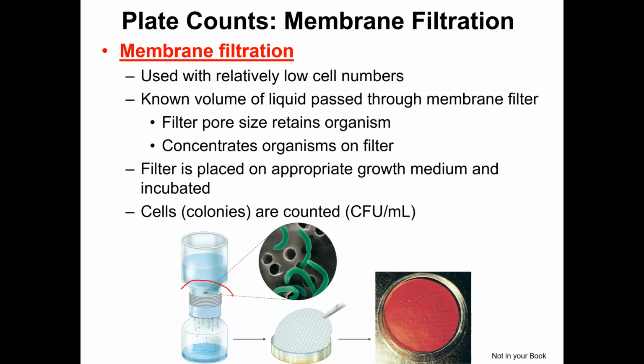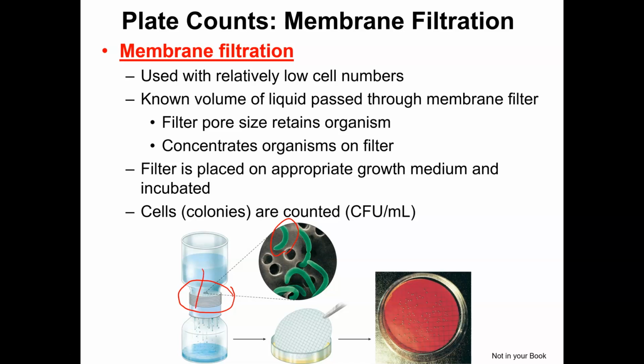So in the diagram, you can see that there's what looks like water. So imagine it's a river water sample. And you pull that water through a very fine filter called a membrane filter. Now you can see in this image here, the cells are larger than the holes on the filter.